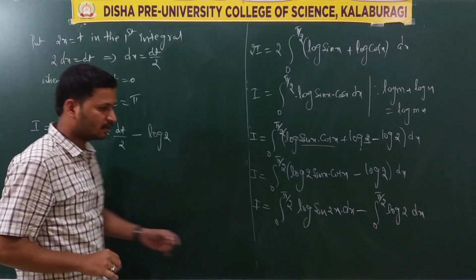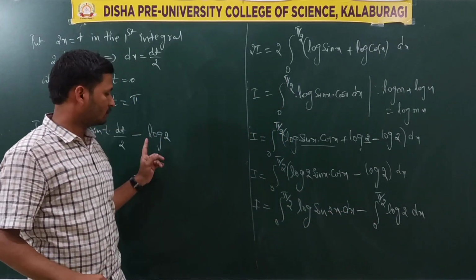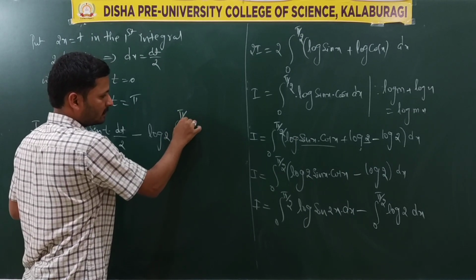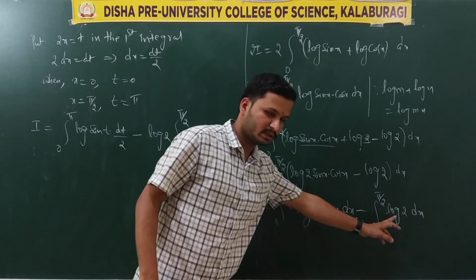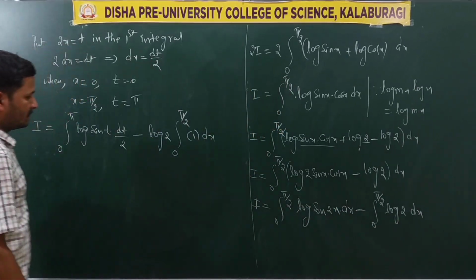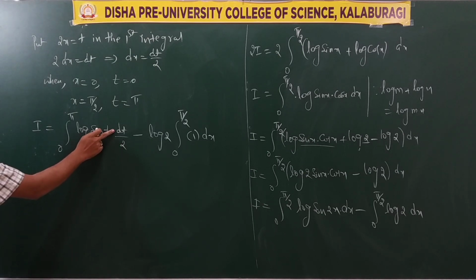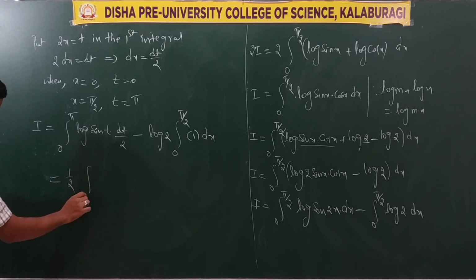In the second integral, log 2 is a constant, so take it outside the integral: log 2 into the integral from 0 to pi by 2 of 1 dx. Also 1 by 2 is a constant, so take it outside.